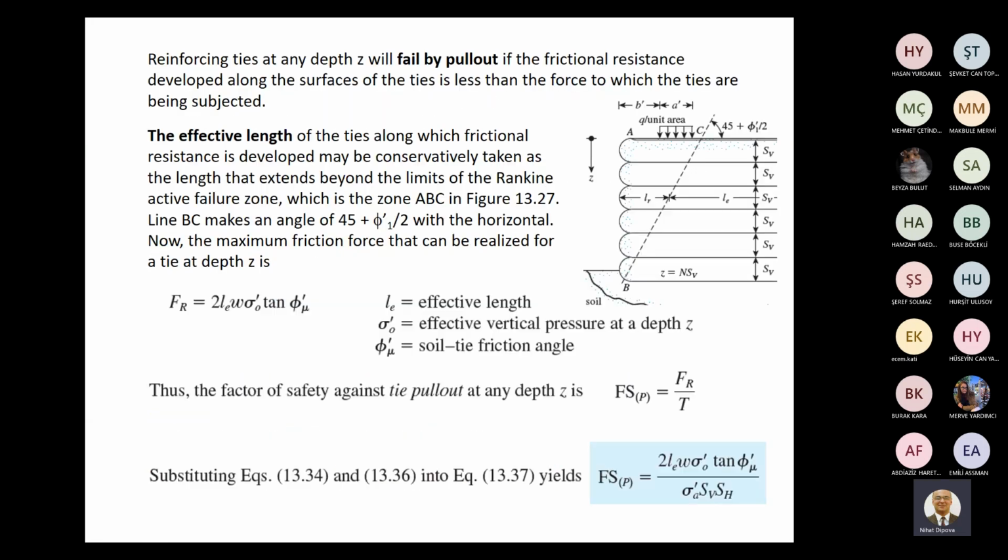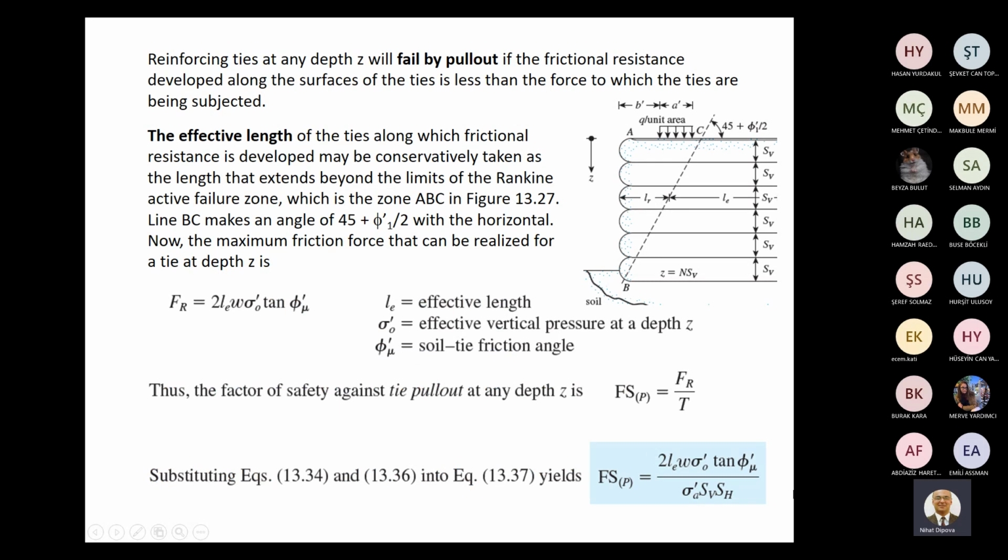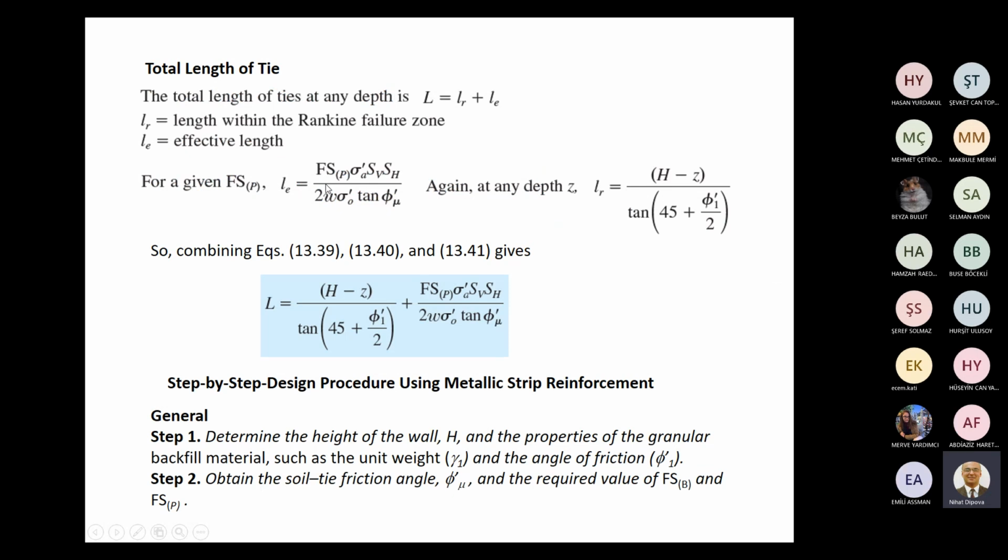So we have to determine effective length, but total tie length should be equal to summation of LE and LR. And LE is calculated using this same equation, pull-out equation, taking some value for safety factor.